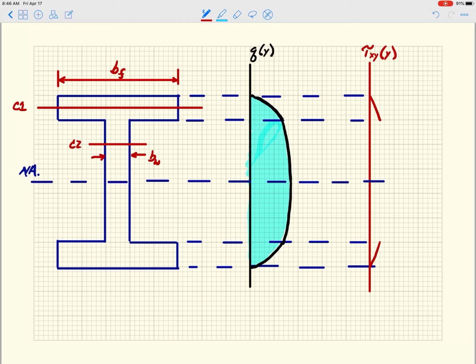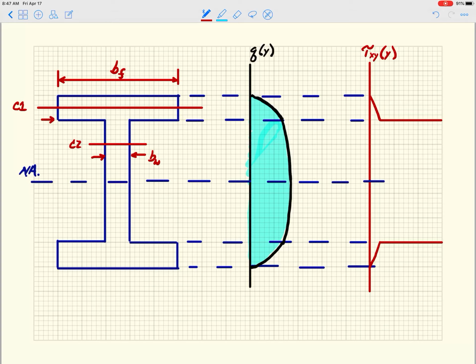I have all this shear flow, and at this location it was first being divided by B sub F, which was dropping it significantly. As soon as I moved below that, it gets divided by B sub W, and now it jumps. B sub W is in the denominator, so the smaller it gets, the larger the shear stress gets. And so what I end up with is something that looks like this.